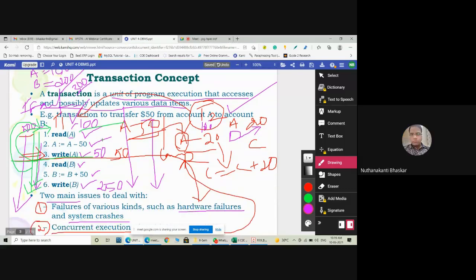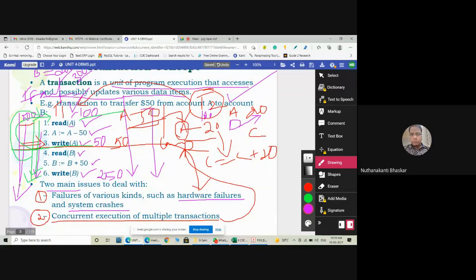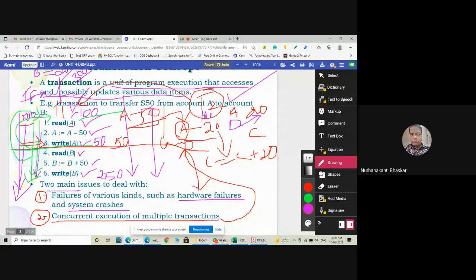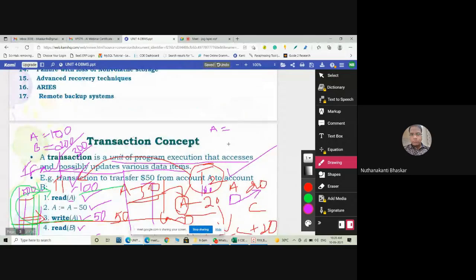Now, after execution of the transaction, meaning the transaction is executed successfully, A contains how many dollars? $50. Very good. Now, B contains how many dollars? 250.